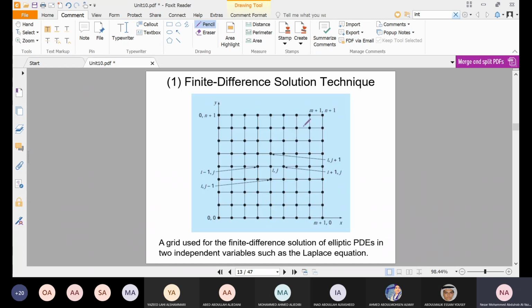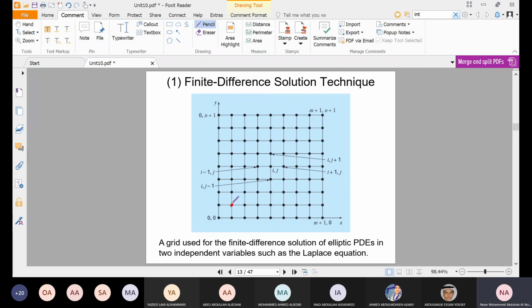If we have, for example, a heated plate with a fixed boundary, the temperature at the four sides is constant or fixed at the steady state distribution. After that, we can divide this plate into small subgrids like this one. And from these grids, we can compute the temperature at any node.